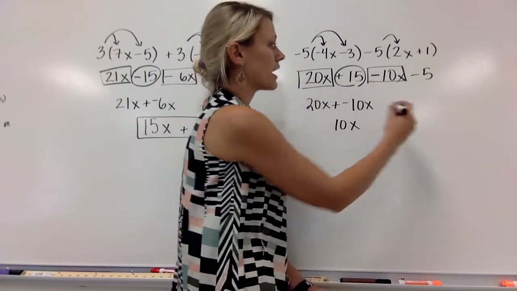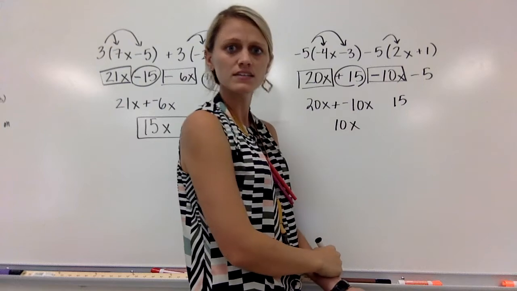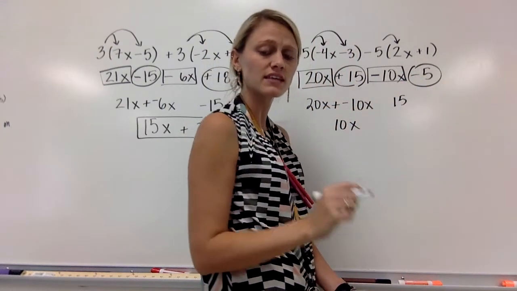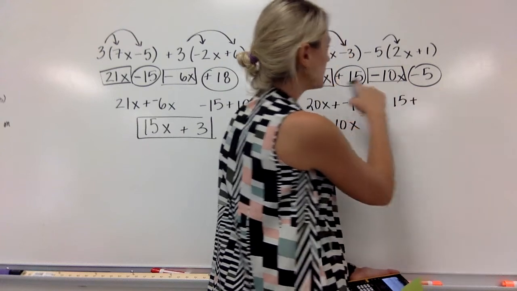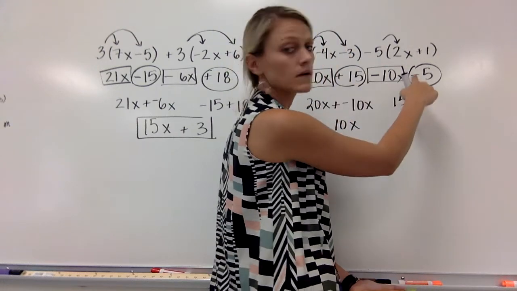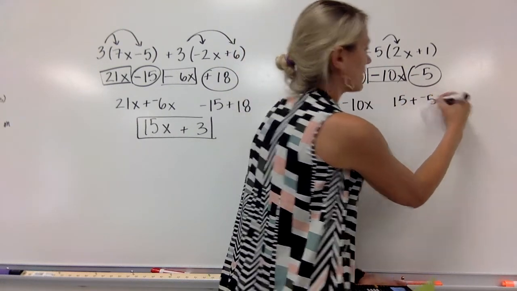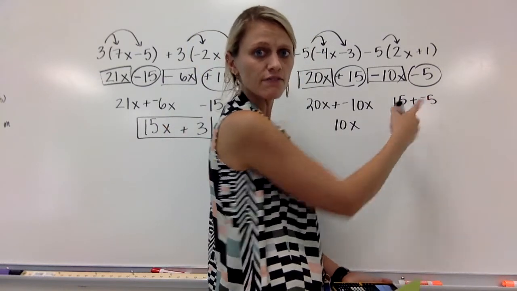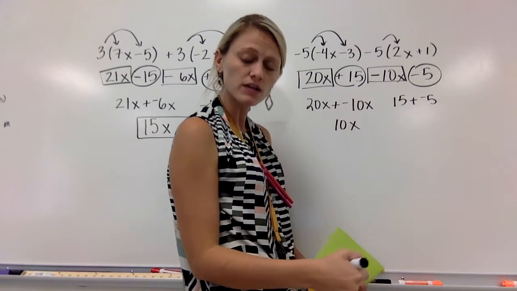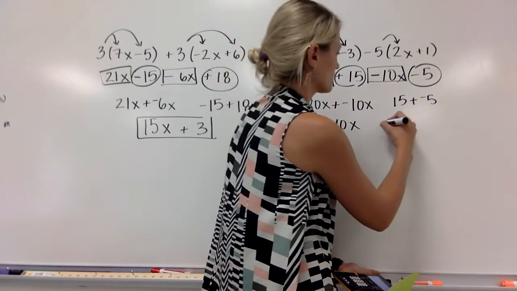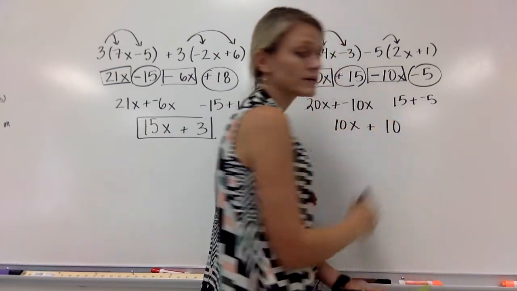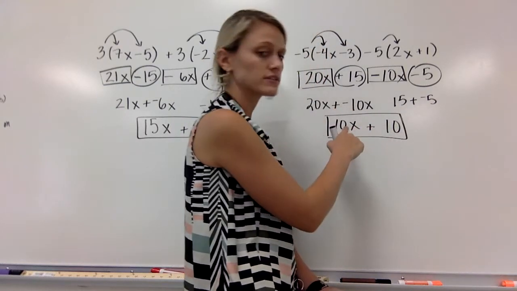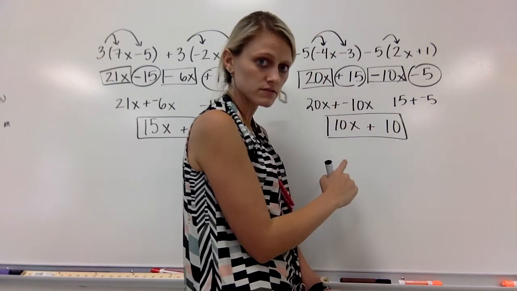I can also combine a positive 15 with a negative 5. You have to take the sign in front. So I can combine my positive 15 with a negative 5. 15 plus negative 5, or 15 minus 5, if I plugged that into my calculator, would give me a positive 10. So my final answer is 10x plus 10.